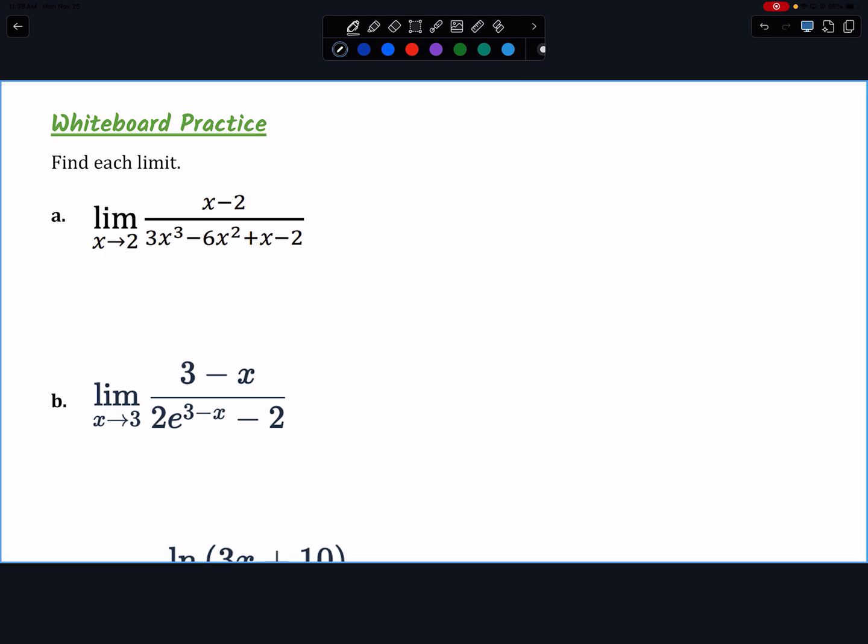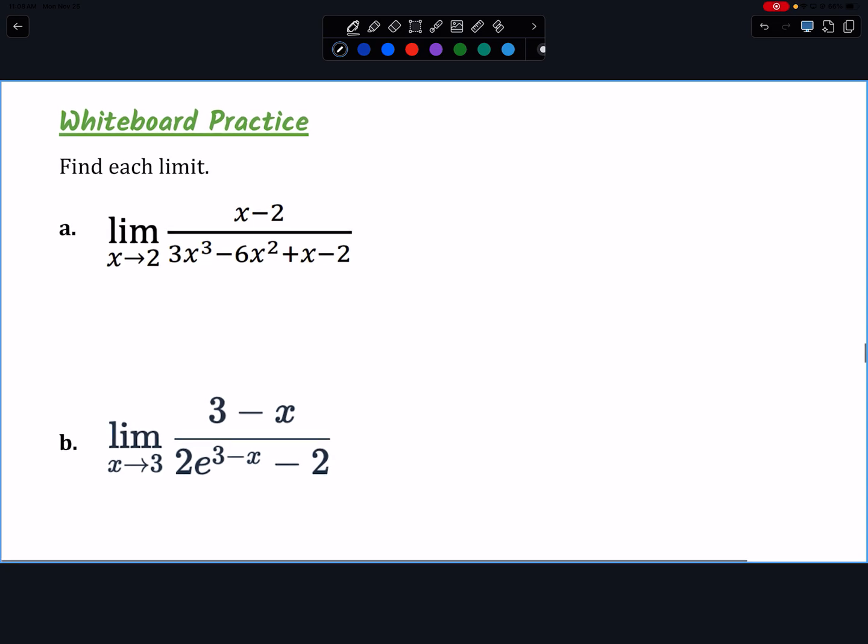I'll do it. The limit as x goes to, x minus 2 over 3x minus 6x squared plus x. Oh, yeah, plus x.